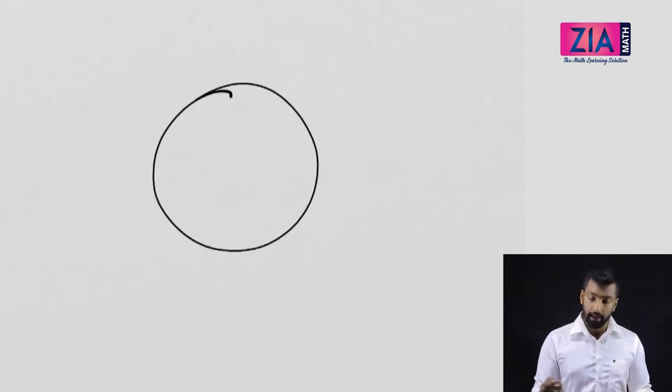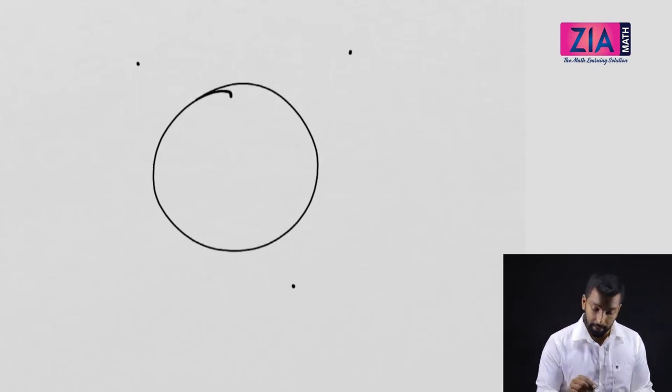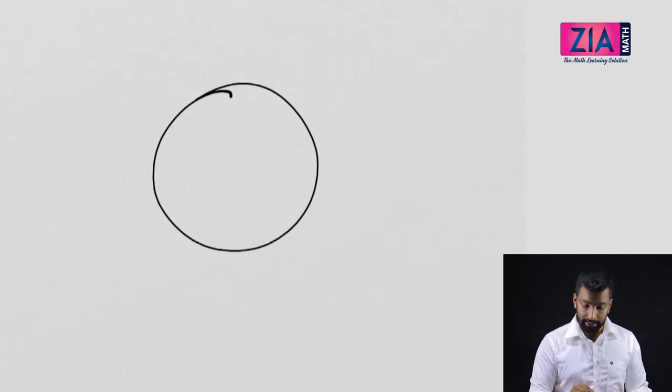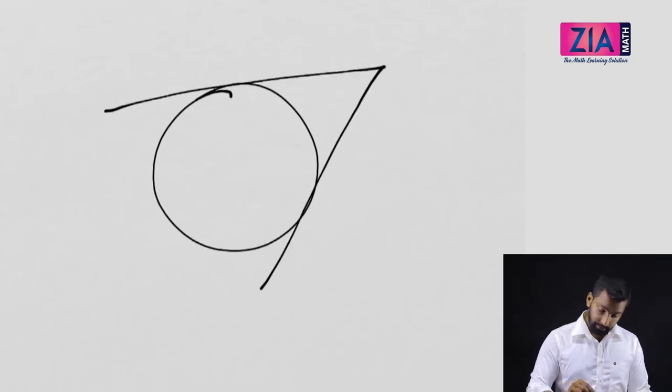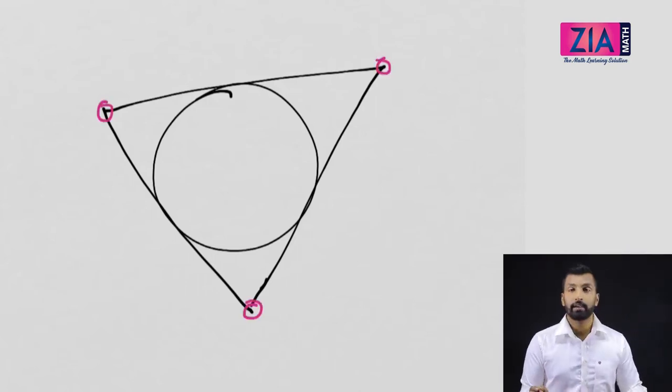If you see 3 points outside the circle like this, then also you should think of joining points. You should think of making a triangle. So you can basically make a triangle by joining the tangents. It will be like this. So you see 3 points outside the circle, think of a triangle.